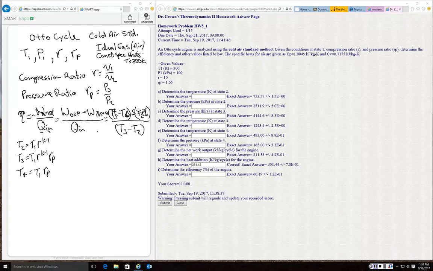So now when we write out our equation for efficiency, we've got T3, which is T1 r to the k minus 1 RP, minus T4, which is T1 RP, minus T2, which is T1 r to the k minus 1 minus T1. And all that's going to be divided by T3 minus T2.